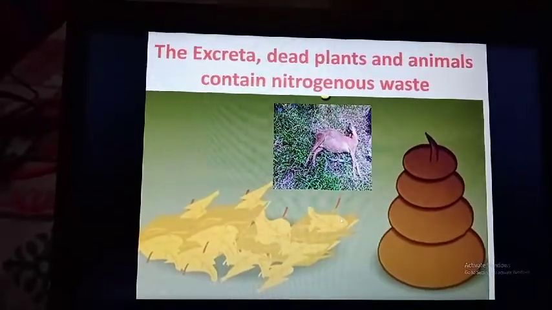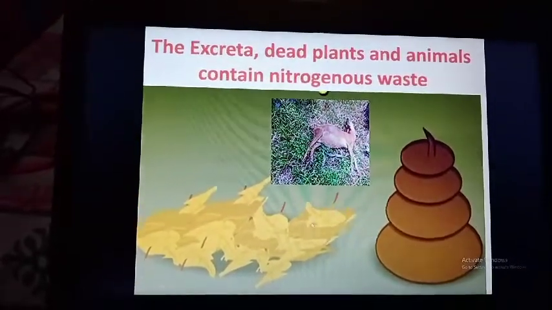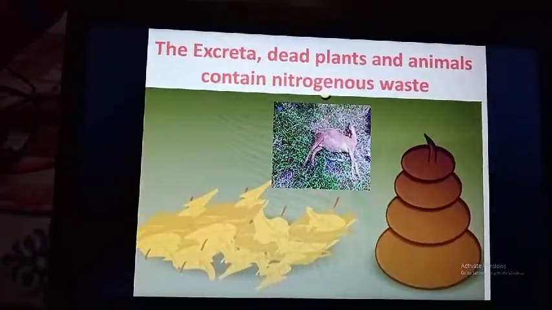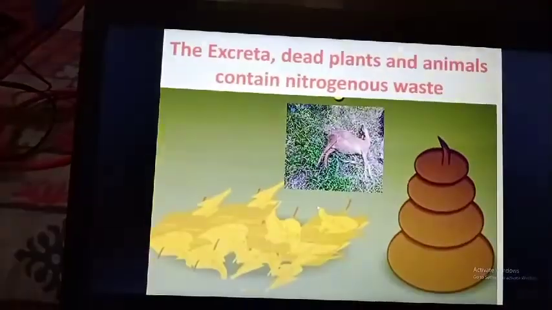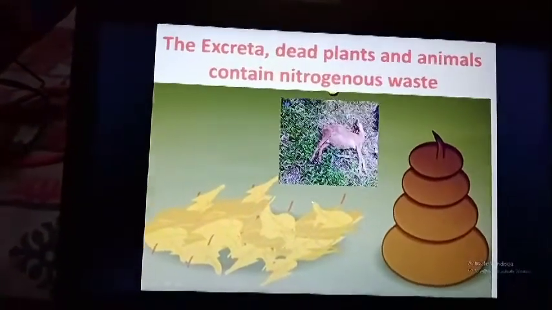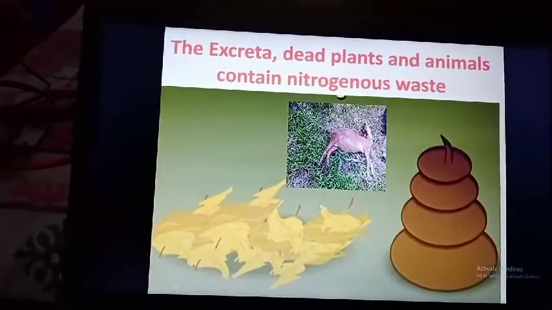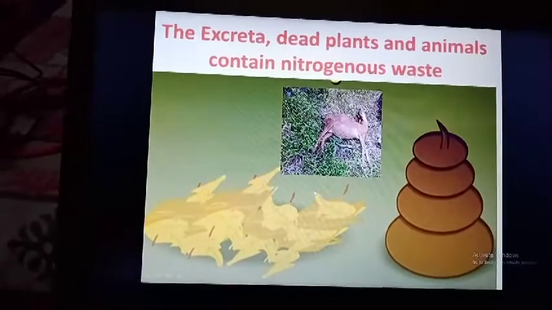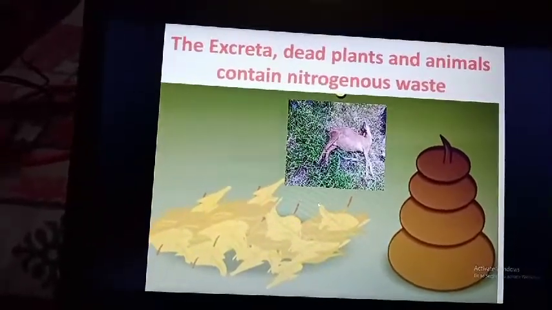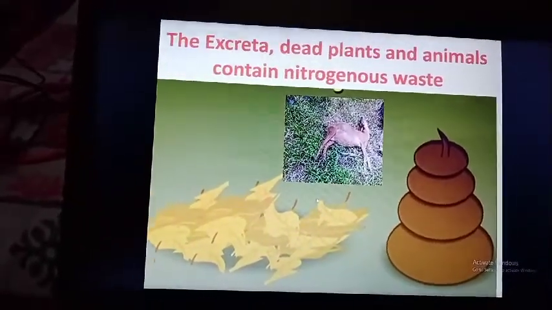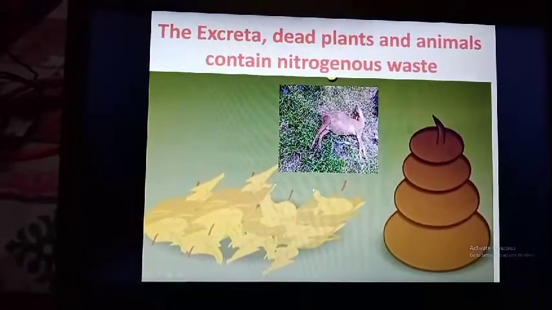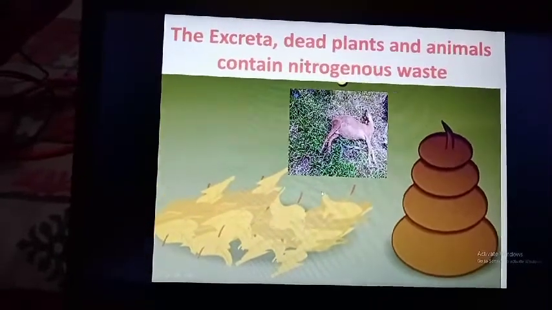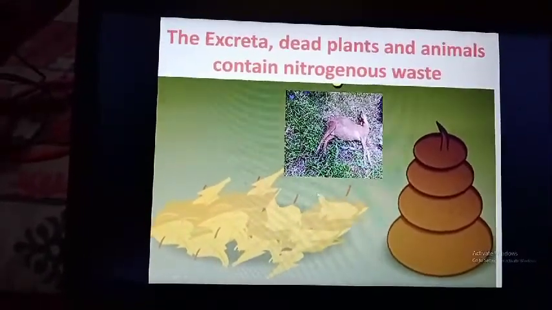These are called nitrogenous waste. From this nitrogenous waste, not only is ammonia formed, but nitrogen gas is also released by denitrifying bacteria during decomposition of this nitrogenous waste.